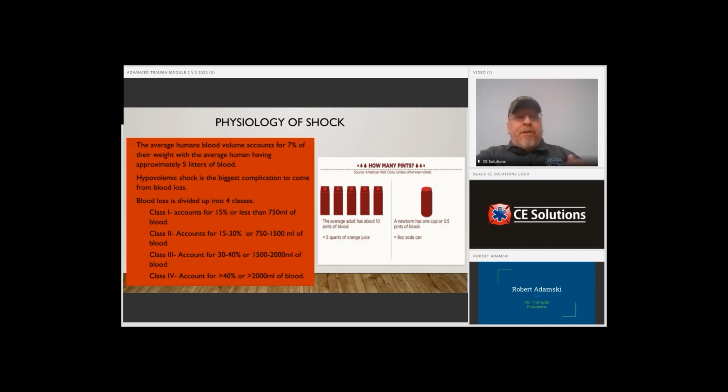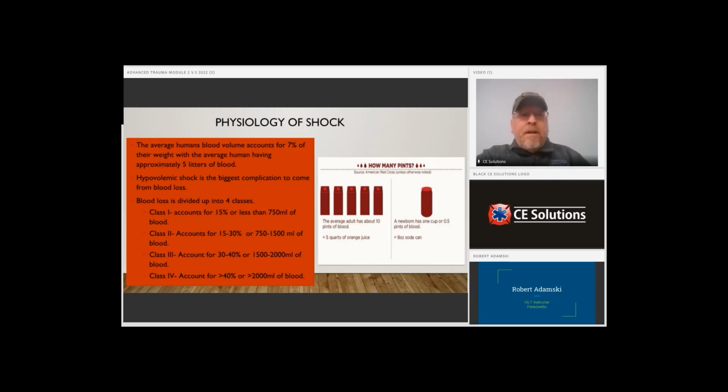And to give you some examples, all right, let's first talk about hemorrhage or blood loss and how it's divided into 4 classes, going from minor injuries, minor hemorrhage, to severe, critical, life-threatening hemorrhage. All right, so we have 4 main categories. First category, class 1, usually accounts for 15% blood loss or less than 750 milliliters.